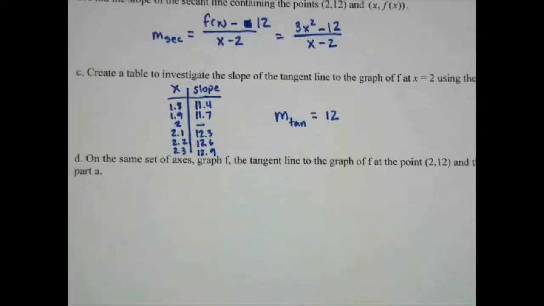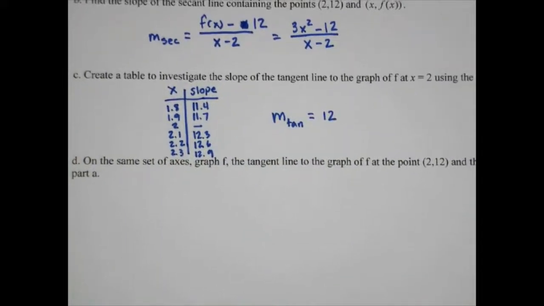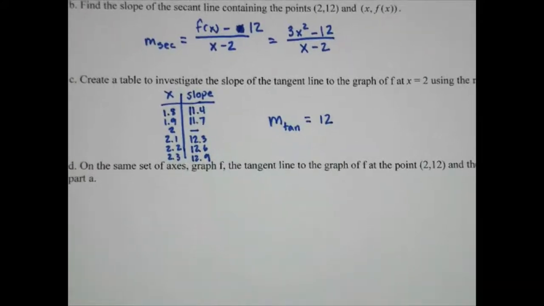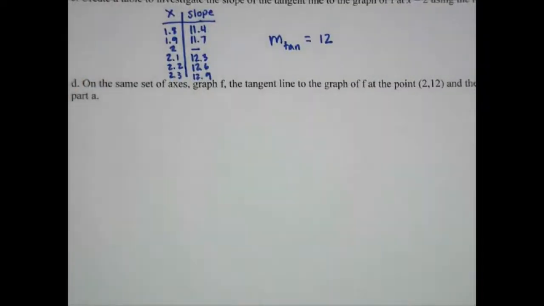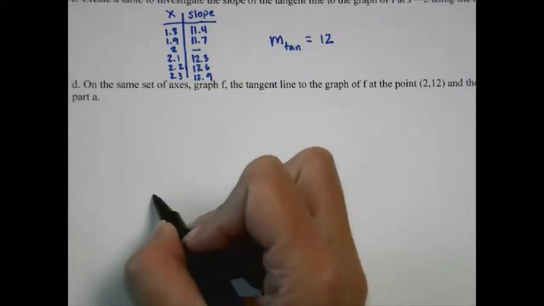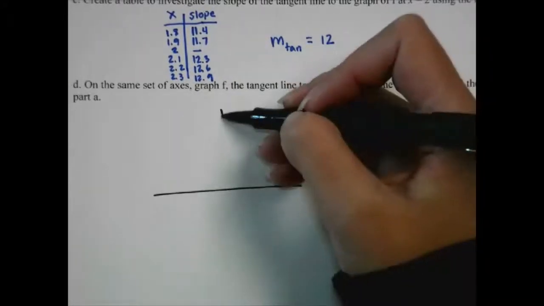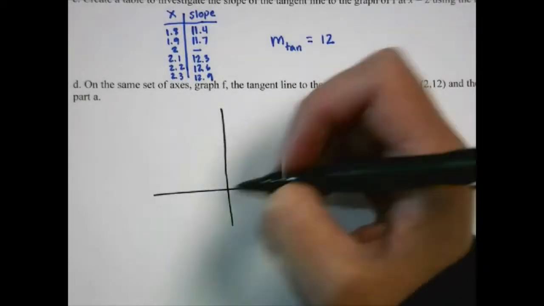The next thing we're asked to do is on the same set of axes, graph f, the tangent line to f at the point (2, 12) and the secant line from part A. So 3x squared is going to grow really big really fast.